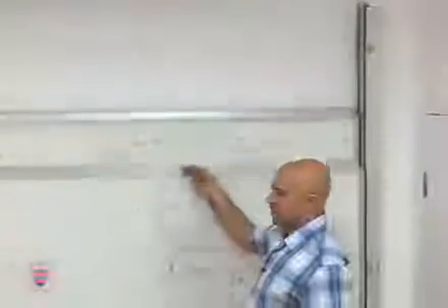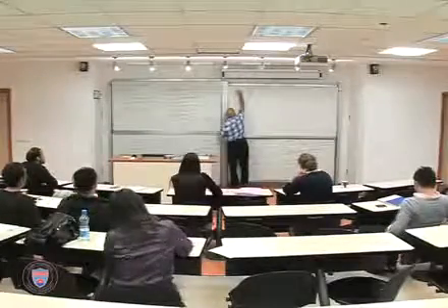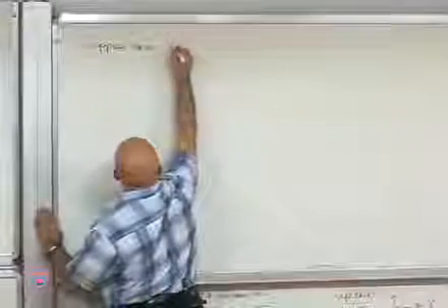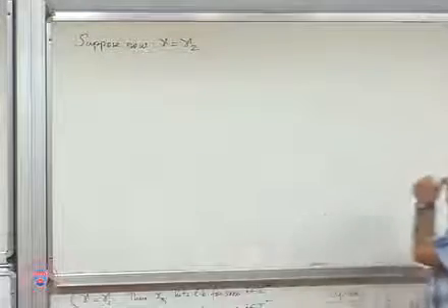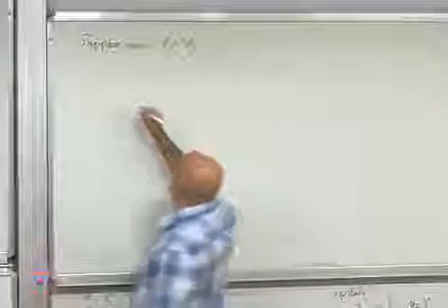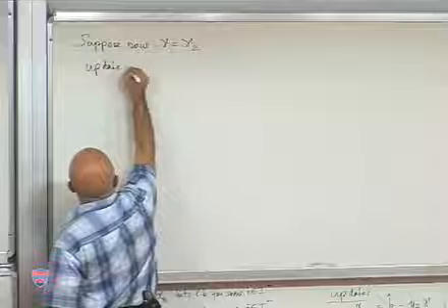The second case is now: we assume gamma is defined by gamma 2, the minimum of the three quantities. And the updating in that case is similar.